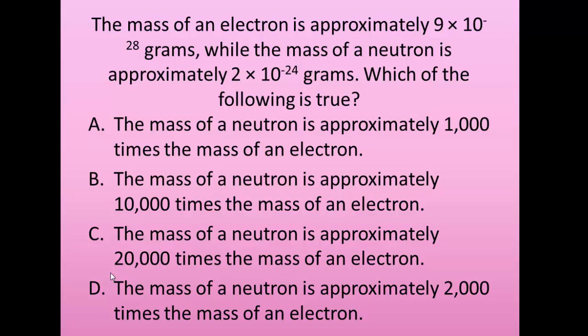So the answer here is going to be D. The mass of the neutron is approximately 2,000 times the mass of an electron. Because remember, the neutron is definitely heavier than your electron. By how much? By about 2,000 times.